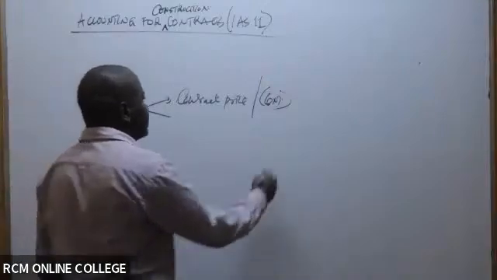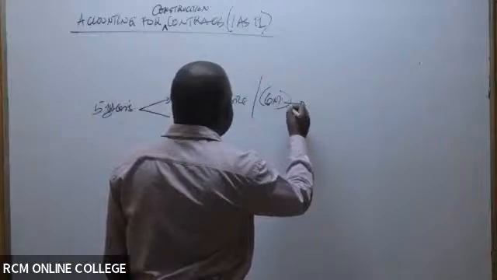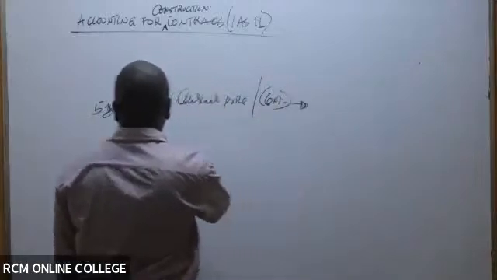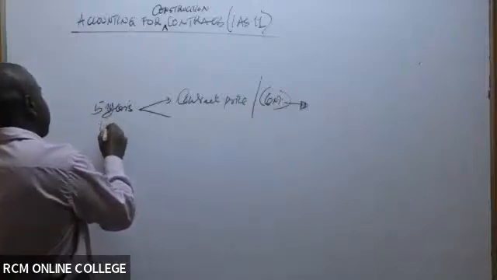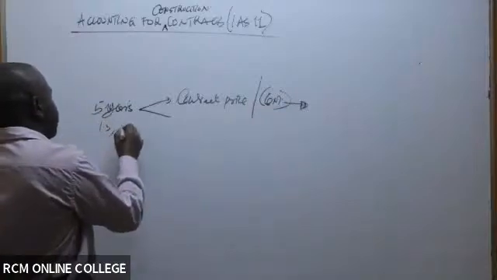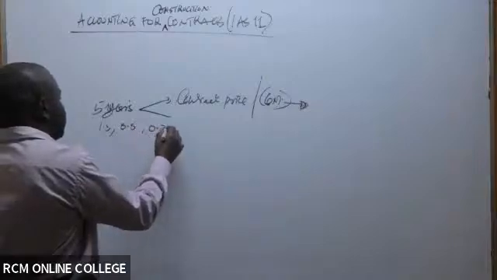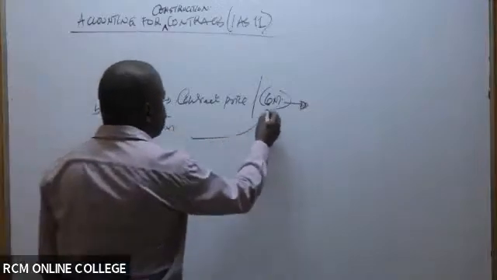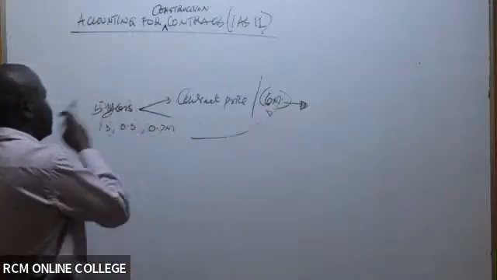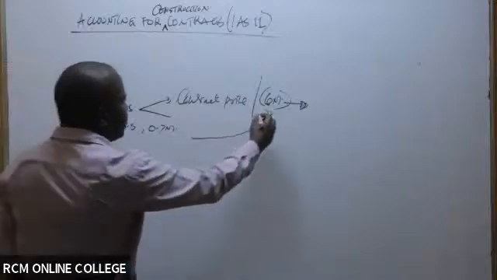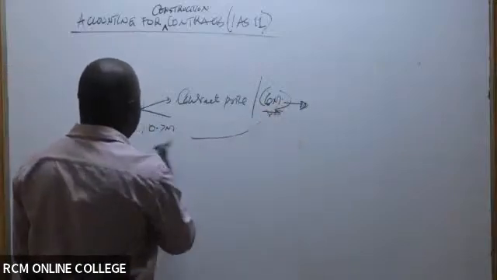But of course, this 6 million won't be paid in its entirety at once. So maybe in the first year, they'll pay 1.5 million. The next year, they pay maybe 0.8 million. The other year, they pay maybe 0.7 million. So it will be like that until, at the end of the 5 years, you can determine the total. That is, 6 million will be paid by the end of the 5 years.